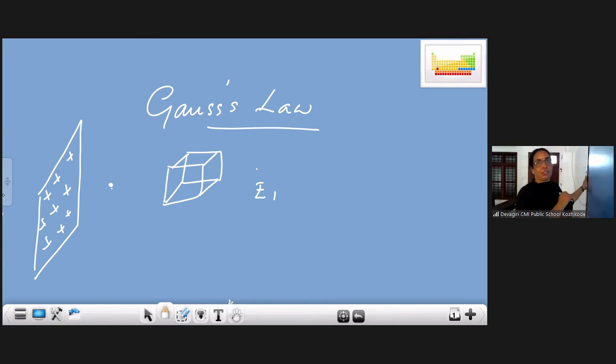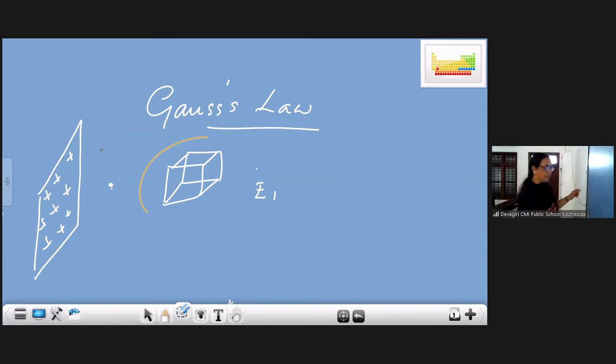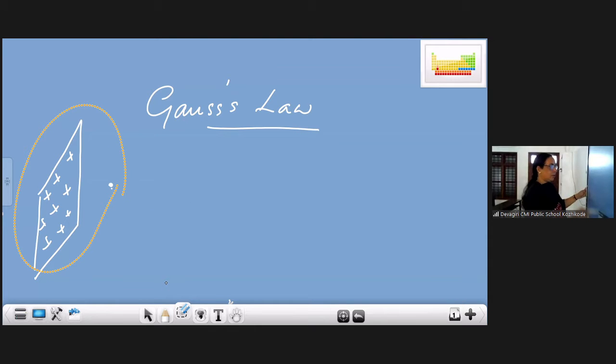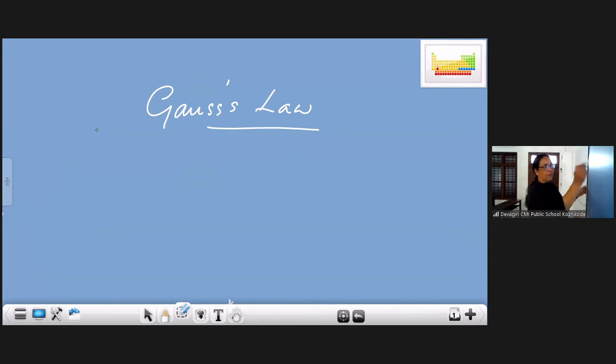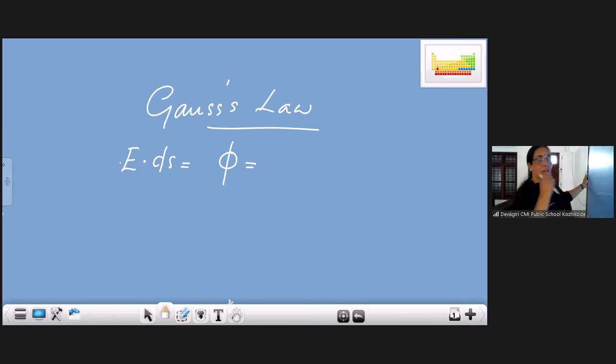According to Gauss's law, he says that the closed integral of E dot dS, which is equal to phi, is nothing but Q by epsilon naught. This is what is given by Gauss. This expression given by Gauss is known as Gauss's law.